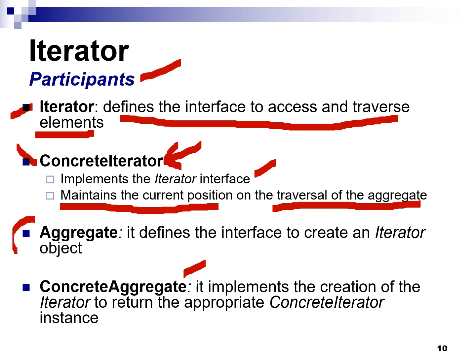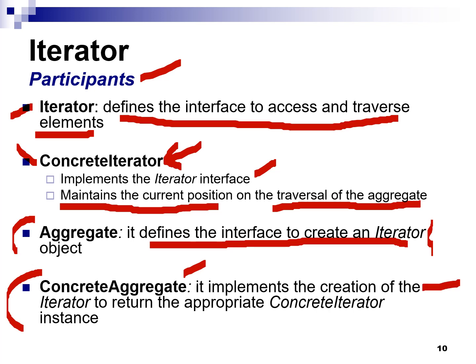Then we have the aggregate that may define common methods for the given collection type, and it should define the interface to create the proper iterator. This method will be overridden by concrete aggregates that will implement it suitably to create the right type of iterator.